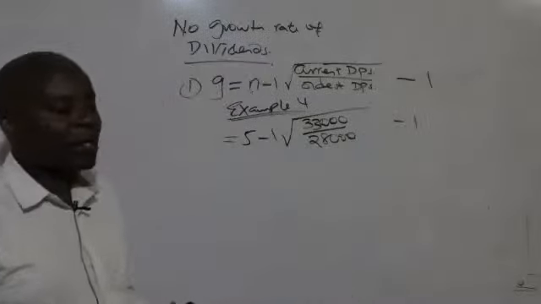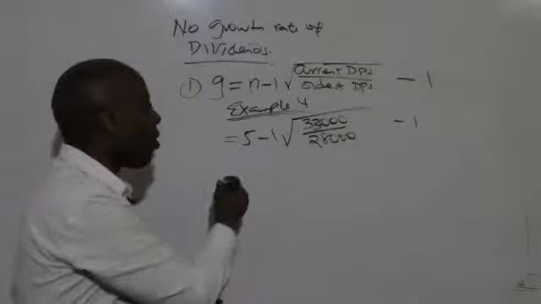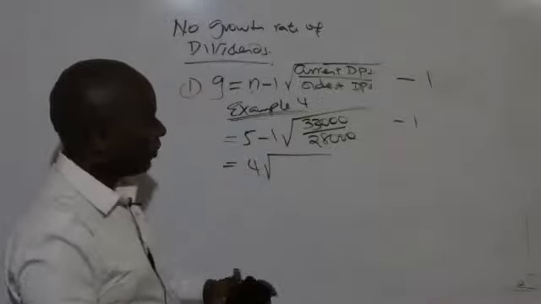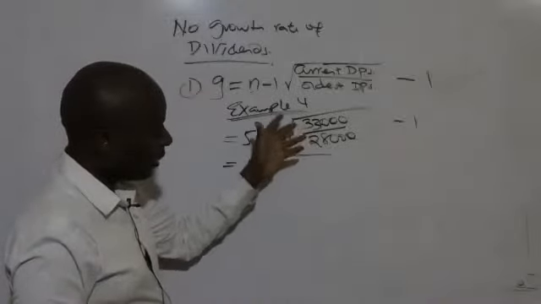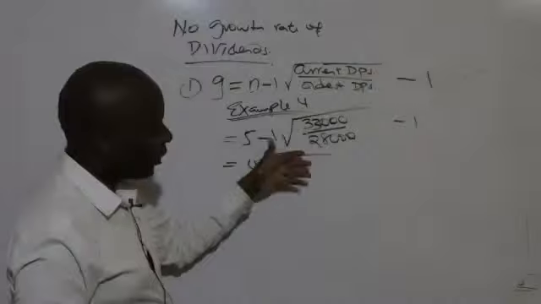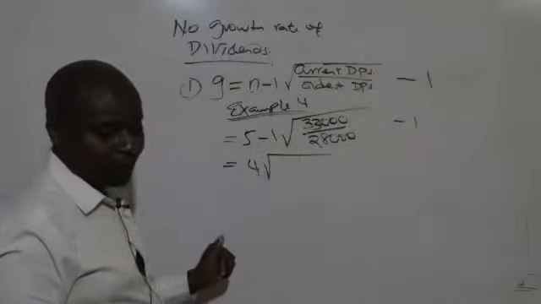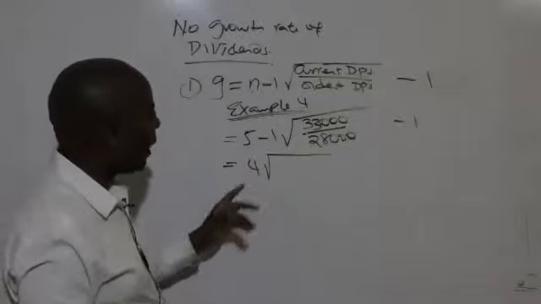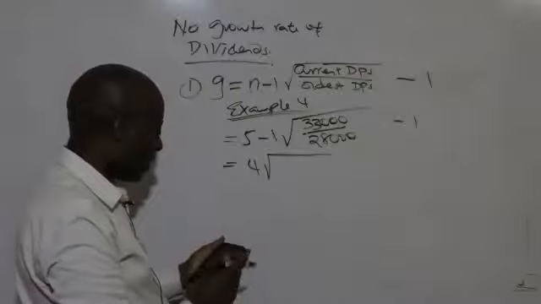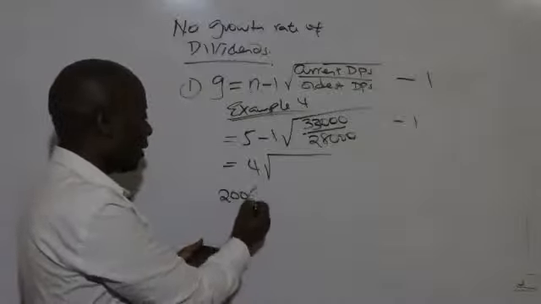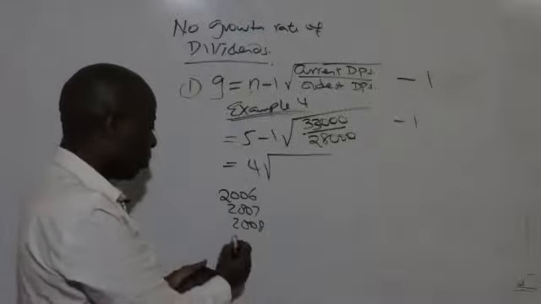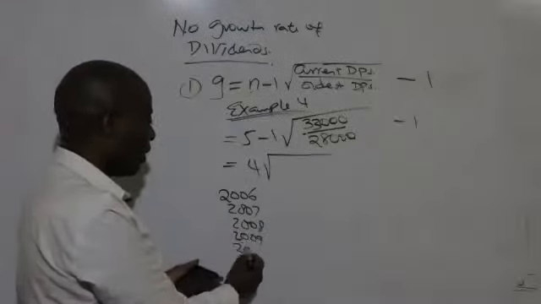And then at the end of the day, minus 1. So in short, this will be the fourth root of 33,000 divided by 28,000. Somebody give me this answer. Why less 1? It's because, ladies and gentlemen, we have 2006, 2007, 2008, 2009, 2010.